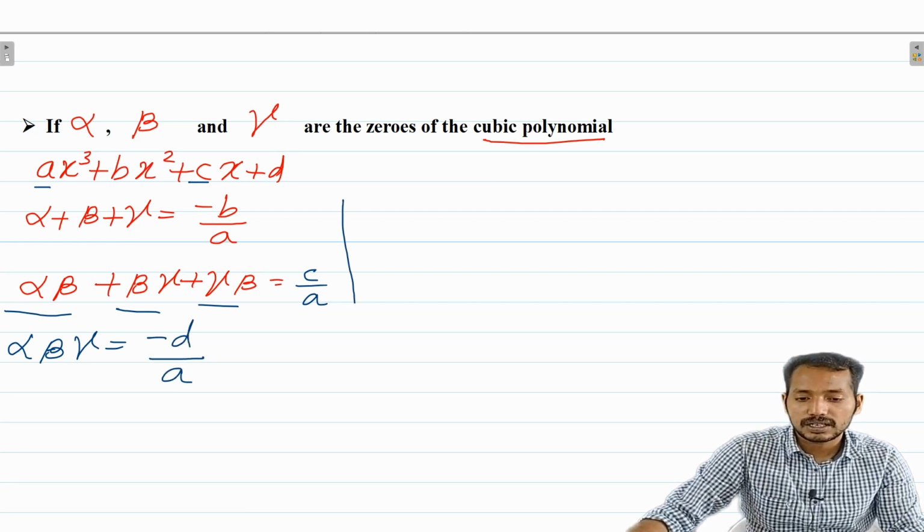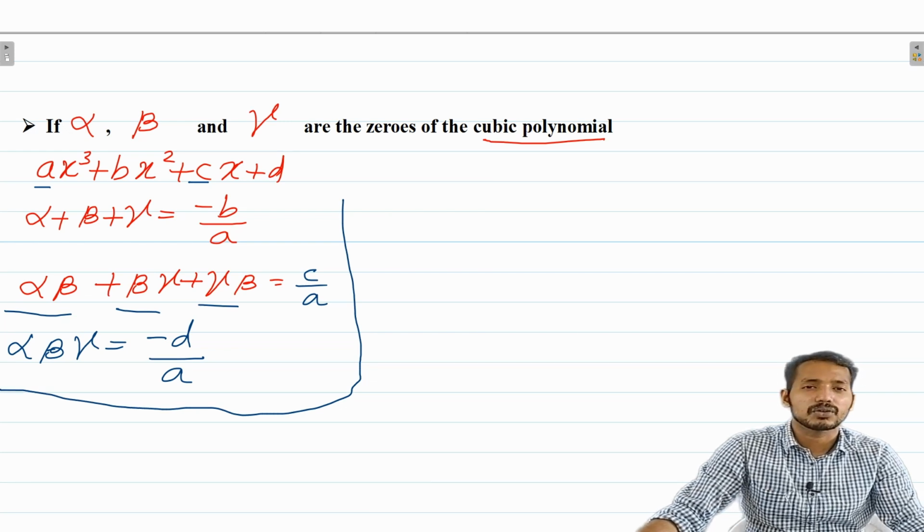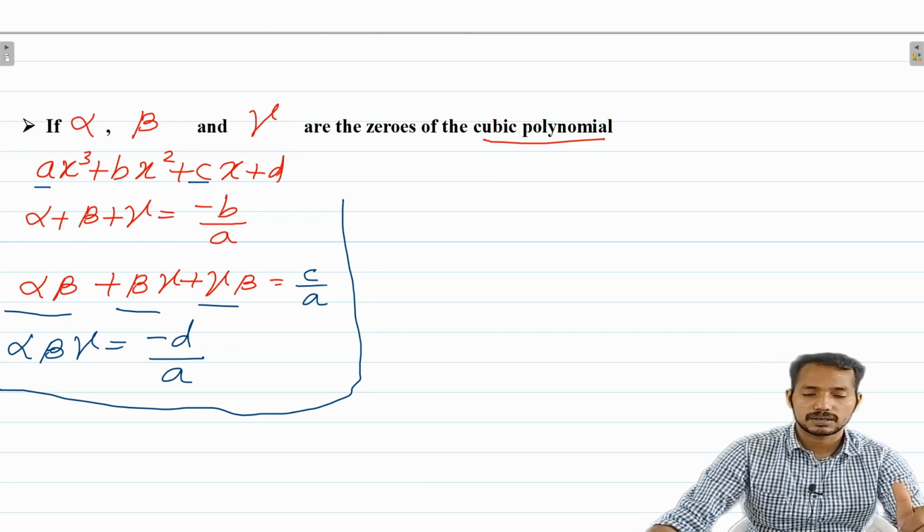So these are the 3 relations we have to remember in the case of a cubic polynomial, but it is not part of your examination syllabus. Clear?